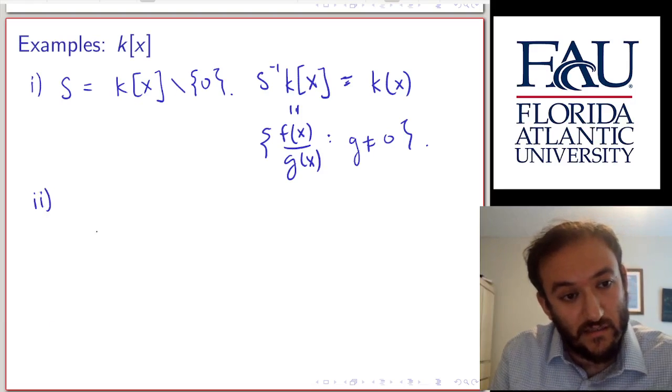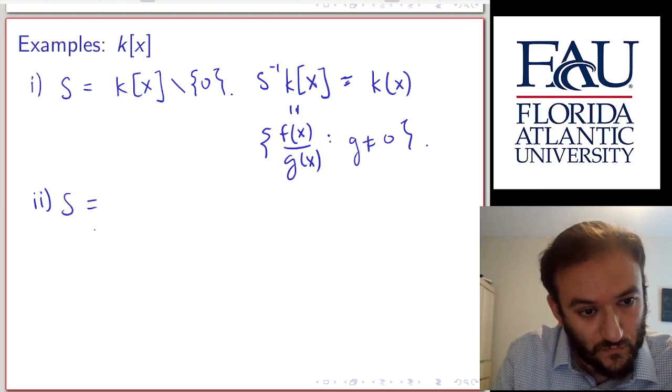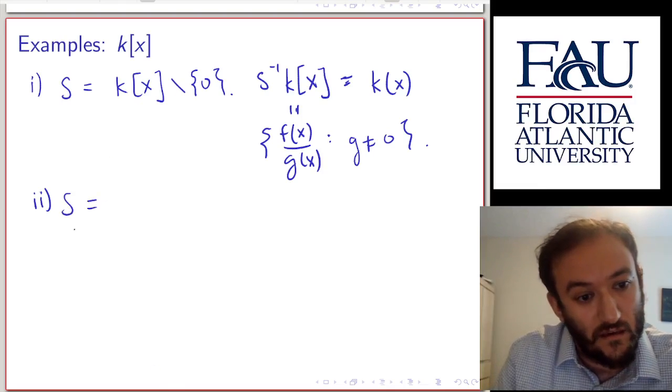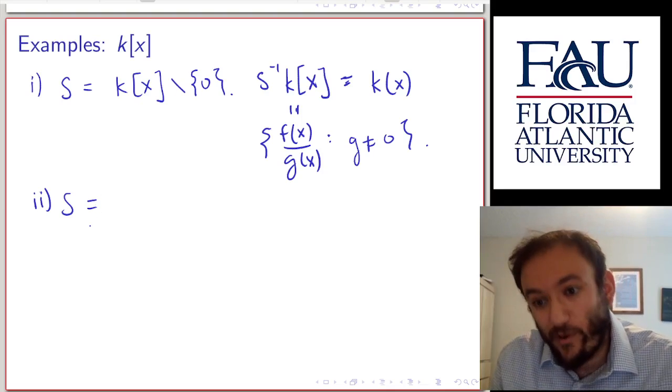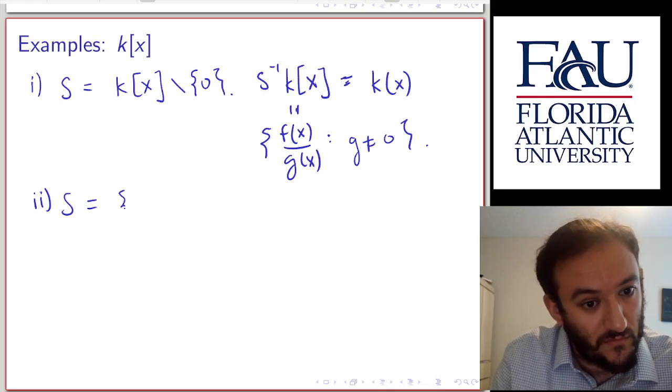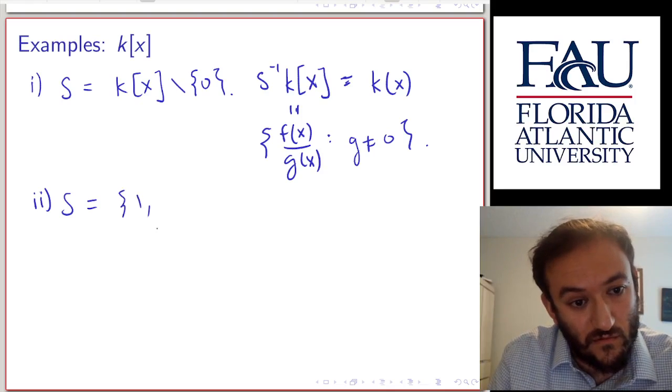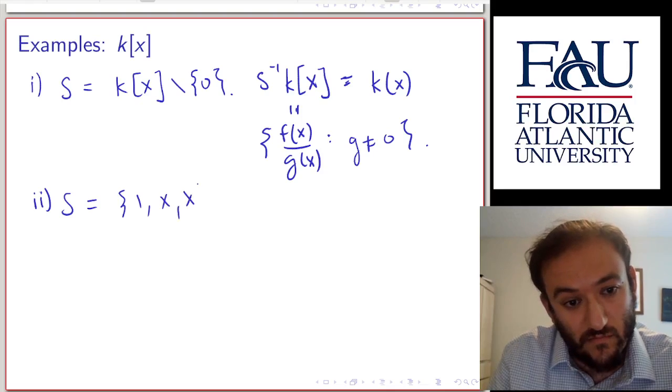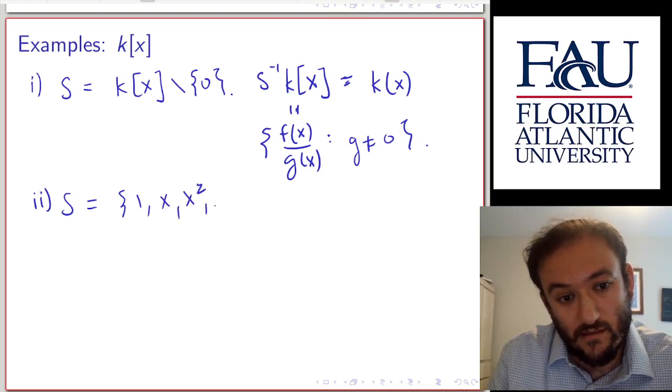Okay, so that's one example of a localization of k adjoin x. Another example would be, the same way we had powers of some integer, we can take powers of some polynomial. So we could take this set.